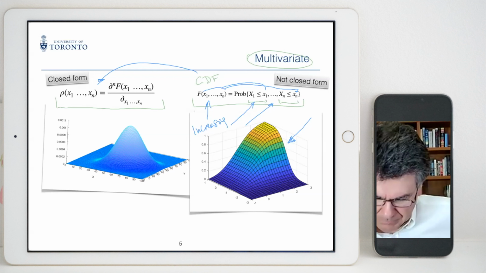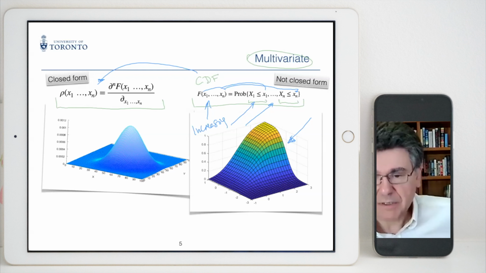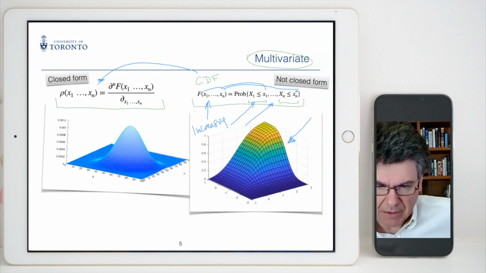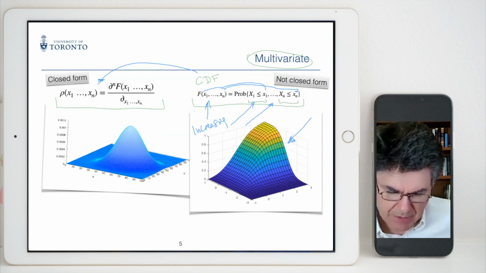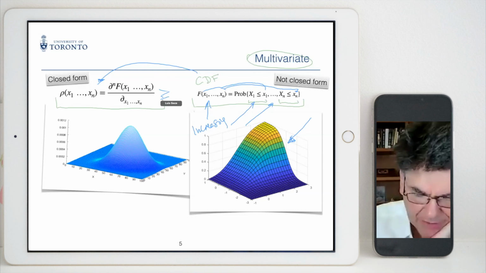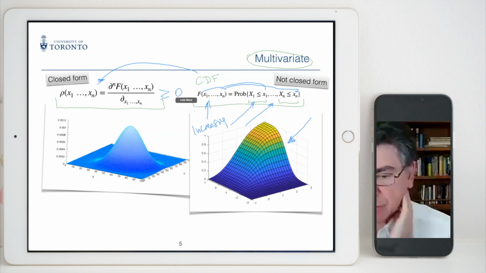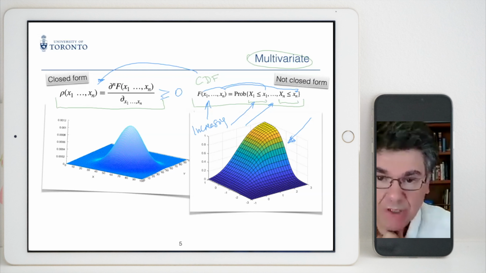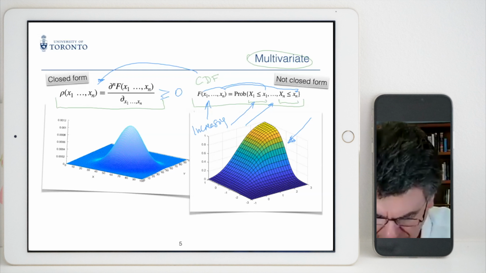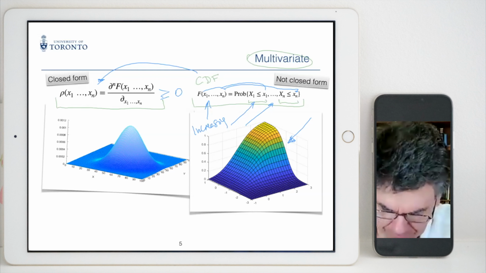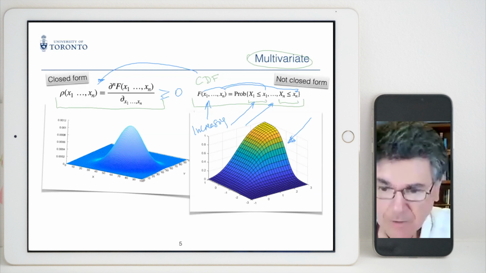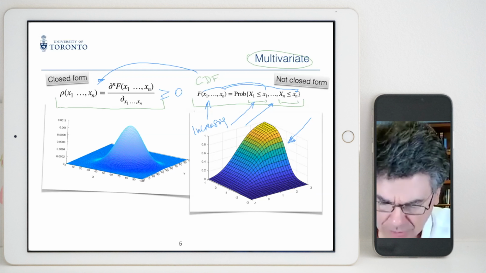That means that the derivative is positive, and this is what guarantees that the probability density is positive, as we expect, because it expresses a probability. Okay, so I hope this is clear.